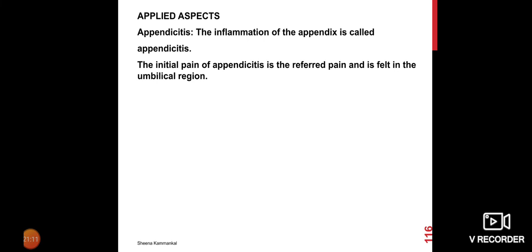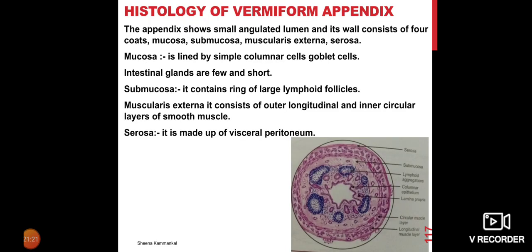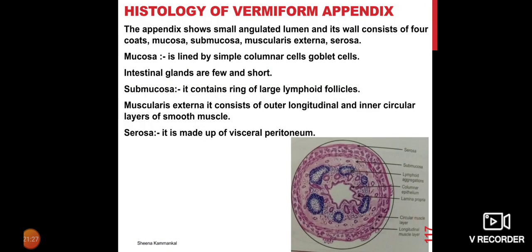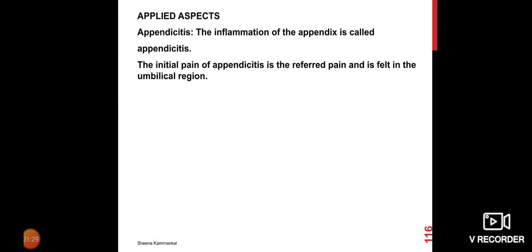So the pain of appendicitis is felt first around the umbilicus, then it is transferred to the right iliac fossa. These are the clinical features of appendicitis.